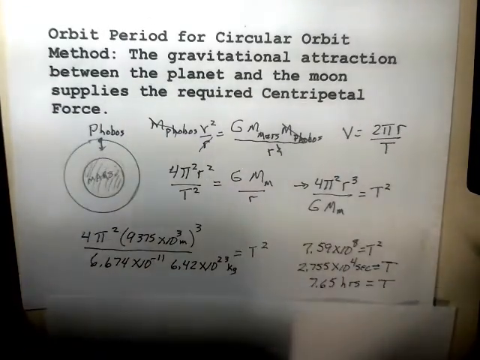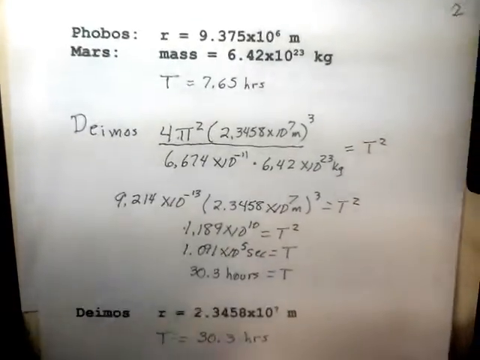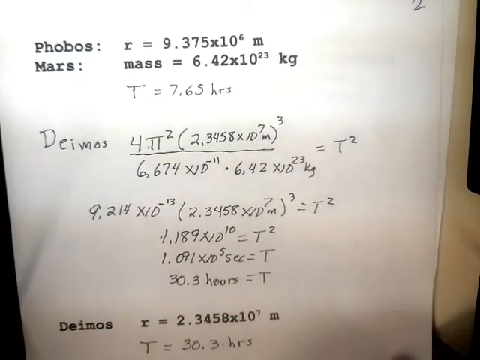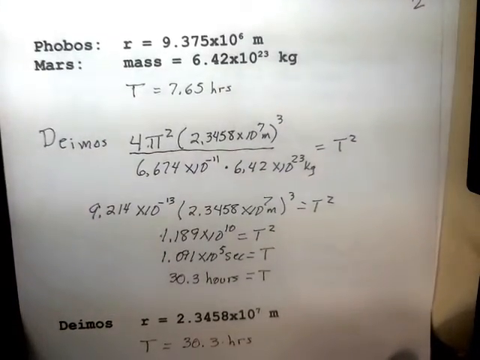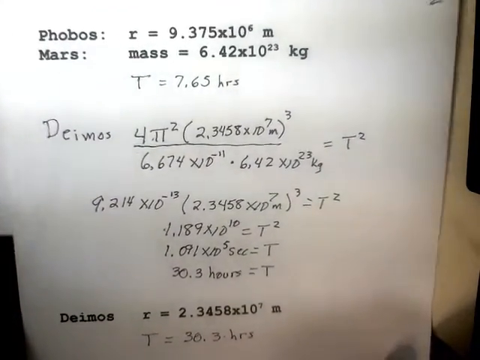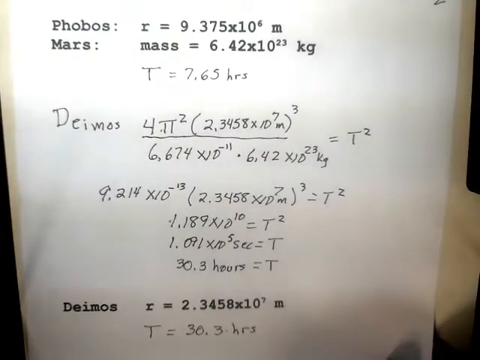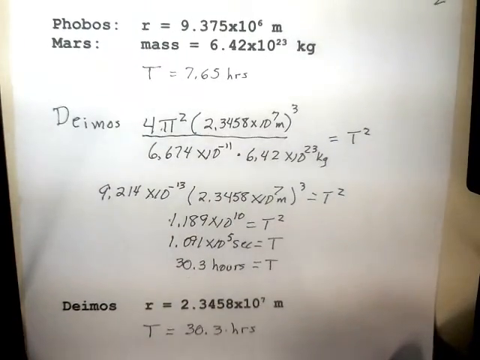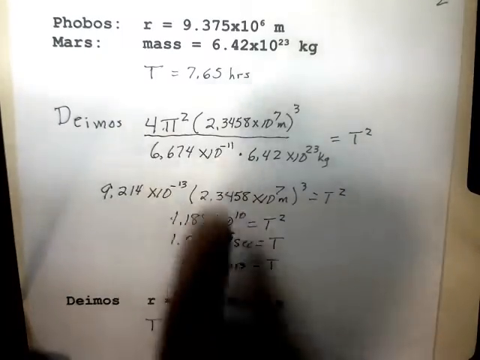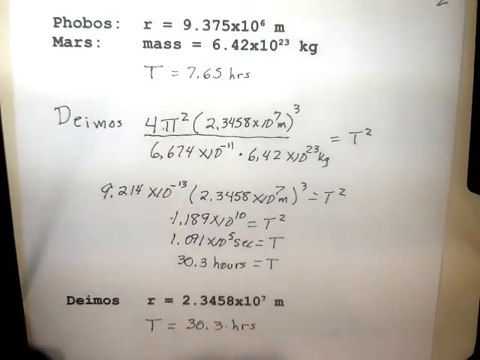And just on this next page, to remind us of a couple of the facts here, the orbit size for Phobos is 9.375 times 10 to the 6 meters. The mass of Mars, and I come up with the orbit period 7.65 hours.